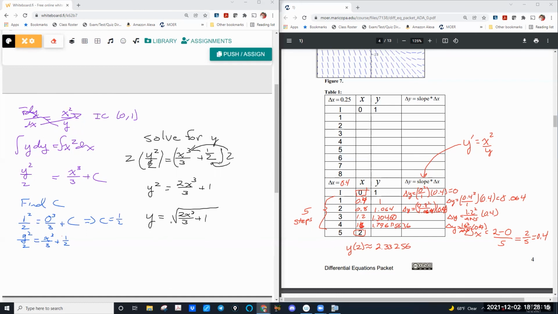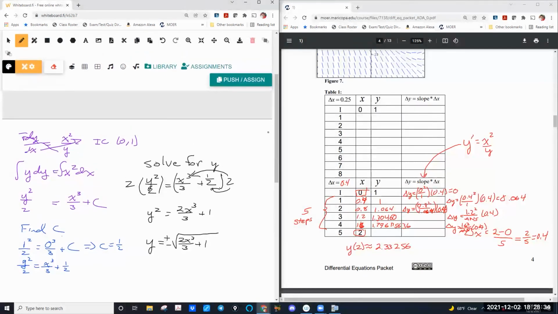So depending on what our initial condition is, we may need to consider the positive or negative. Because we're starting above the x-axis, we only need to consider the positive case. But if our starting point is 0, -1, we would need to consider the negative case, okay? We know ours is positive.